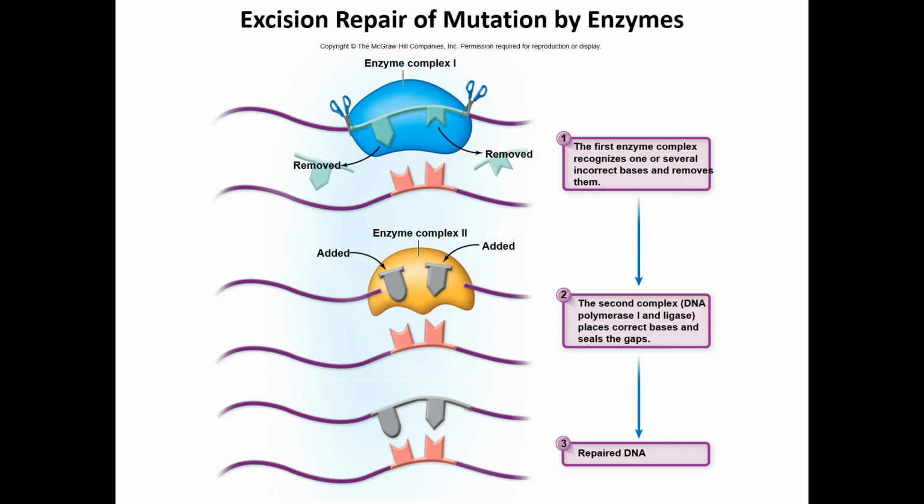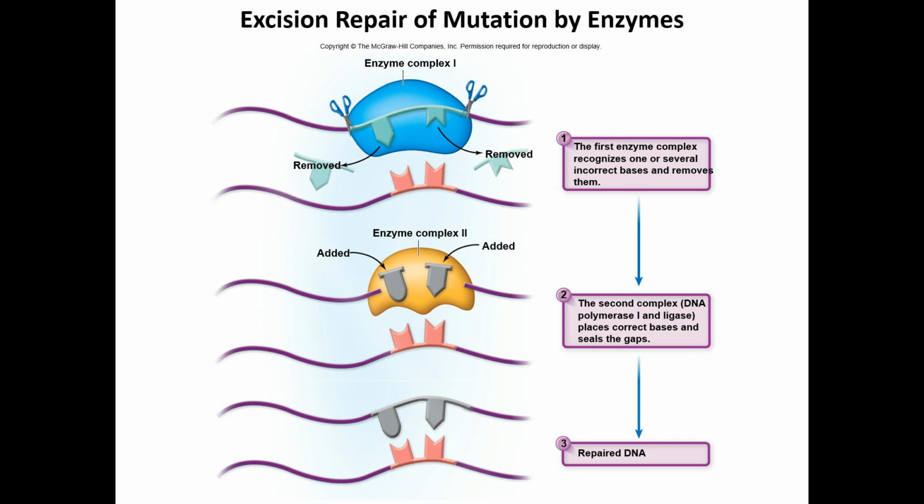All right, so looking at excision repair, sometimes it may not be a thymine dimer. It may be that you have the incorrect base. This wouldn't be complementary to this, and this wouldn't be complementary to that, so you have the wrong bases.